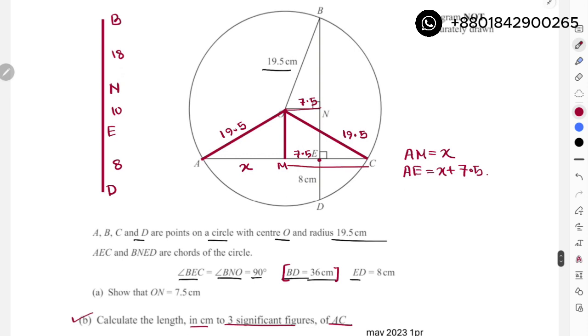Similarly, for this point, total MC is how much? This total MC is another X. And if I want to find out EC, it will be what? X minus 7.5. So you get EC as X minus 7.5.